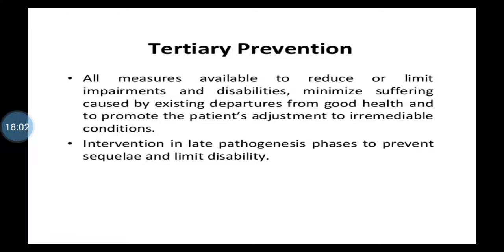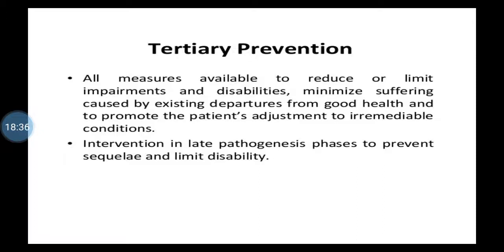Now, all measures available to reduce or limit impairment and disabilities, minimize suffering caused by existing departures from good health, and to promote the patient's adjustment to irremediable conditions. So, intervention in late pathogenesis phases to prevent sequelae and limit disability.